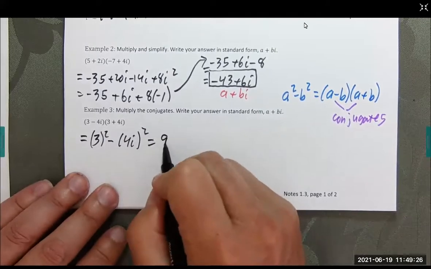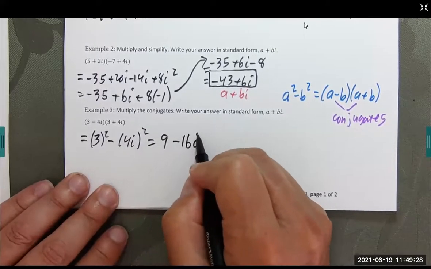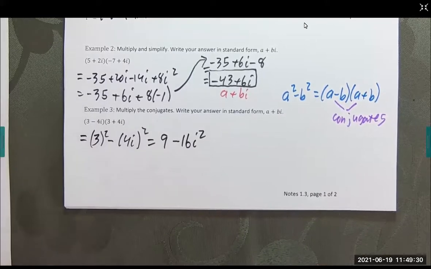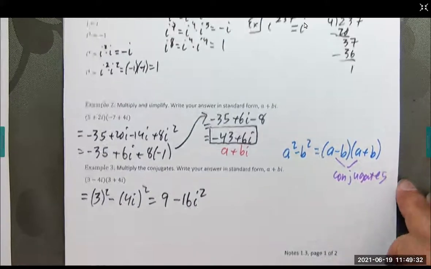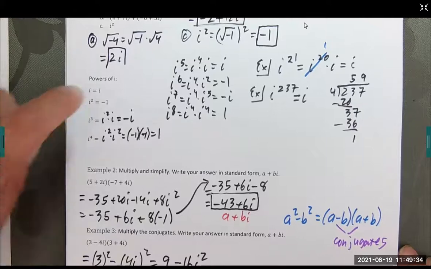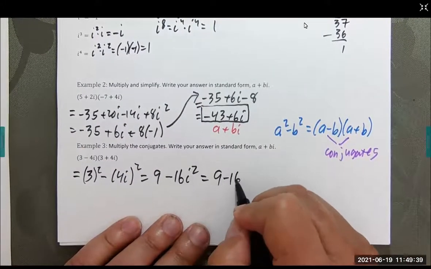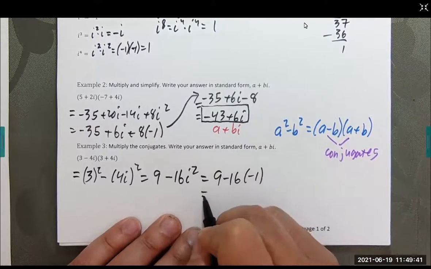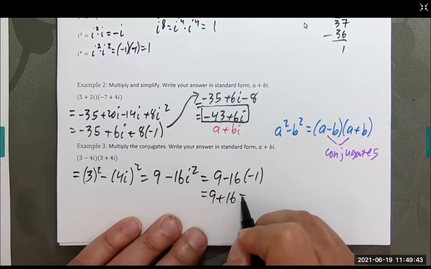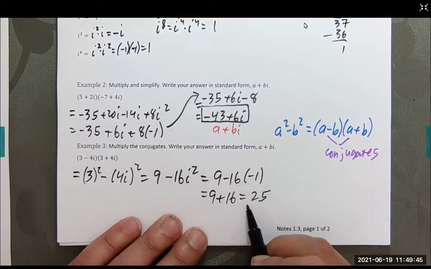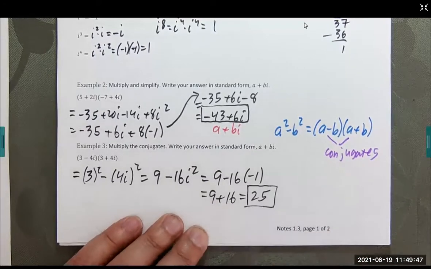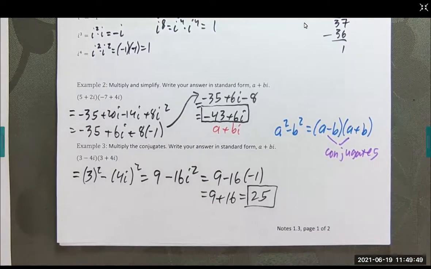This becomes 9 minus 16i squared. But as we recall, I squared is negative 1. Now, one of the advantages of multiplying conjugates is all the I terms are gone. And that's going to be very useful for us here in just a moment.